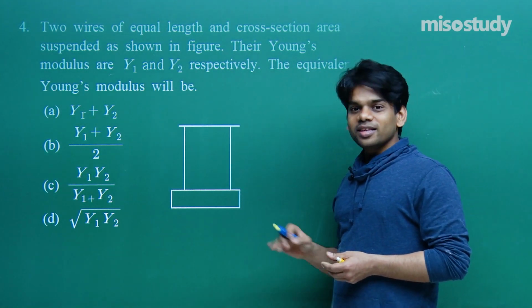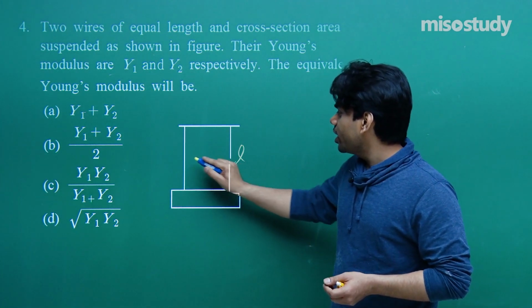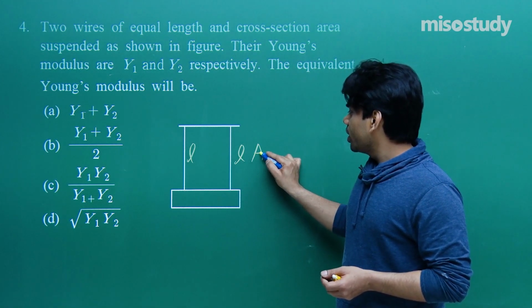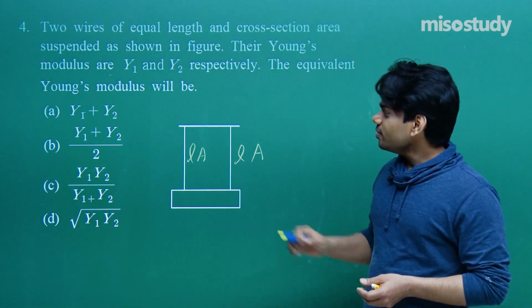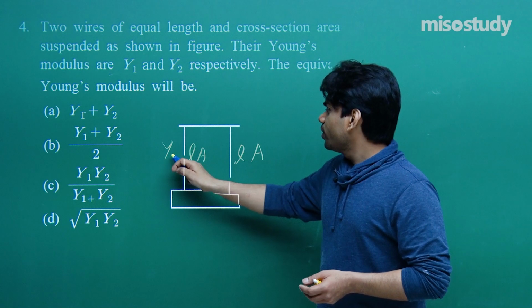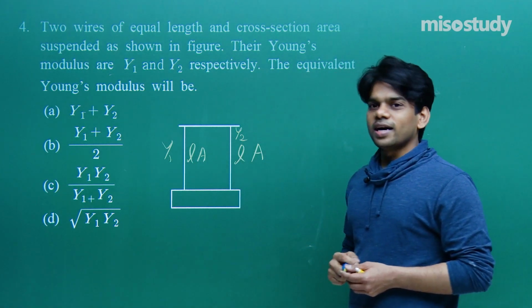Now see, as per the given figure, both are having the same length L and L, both are having the same cross section area A and A, but the difference is in the Young's modulus, that is y1 and y2 is the Young's modulus of both the wires.